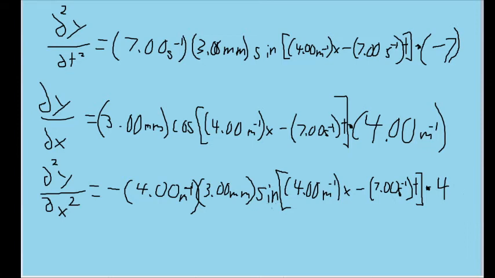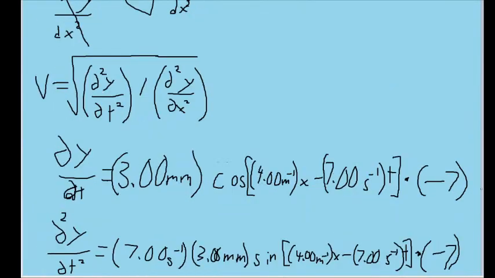But now what we want to do next is find out what we are going to get if we divide the second partial derivative of y with respect to t by the second partial derivative of y with respect to x. We want to know what this will look like, and it might help to do this before plugging it into the square root, just to simplify our calculations a bit.